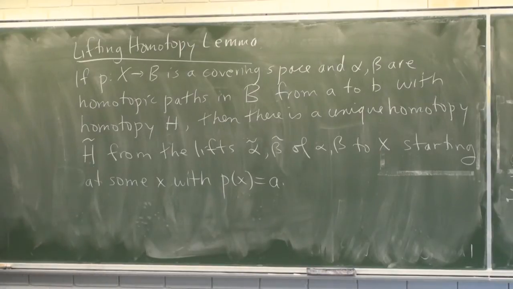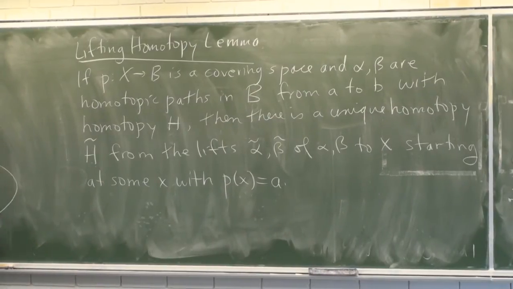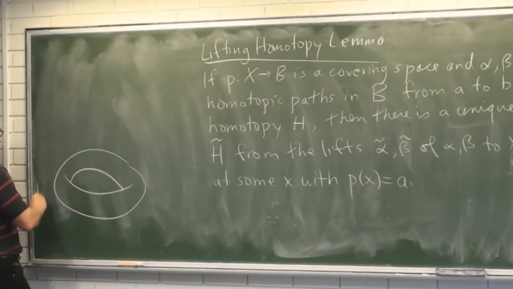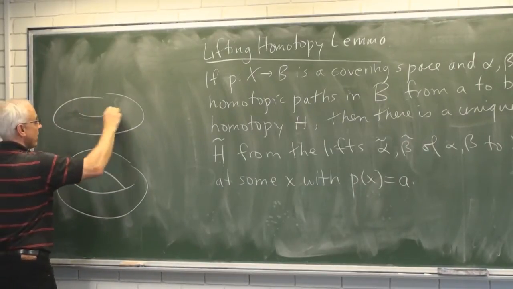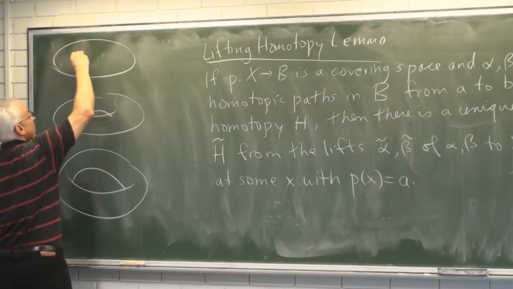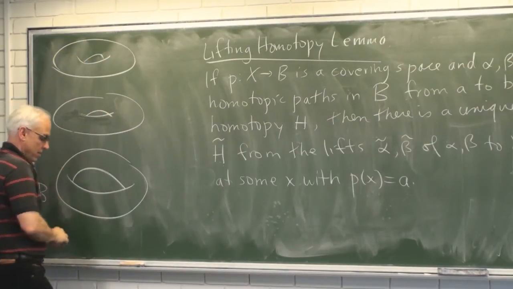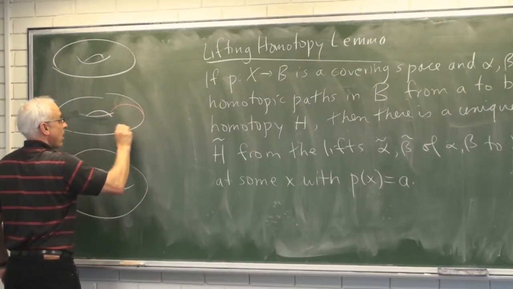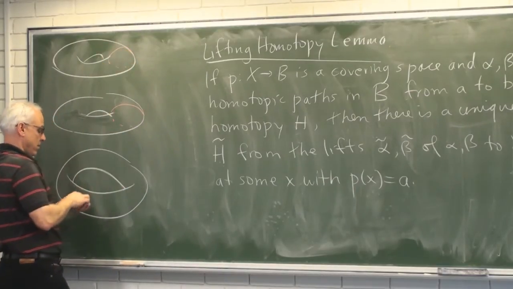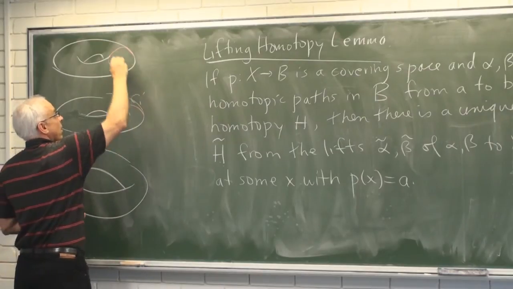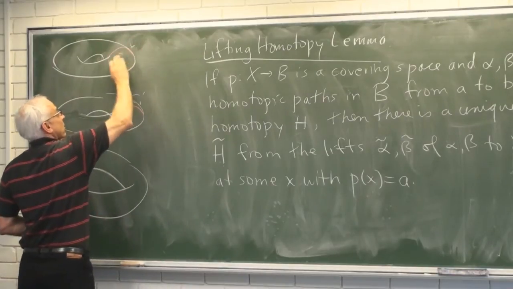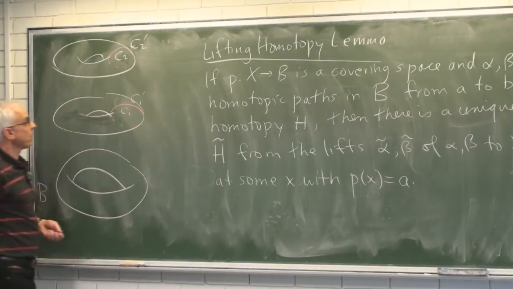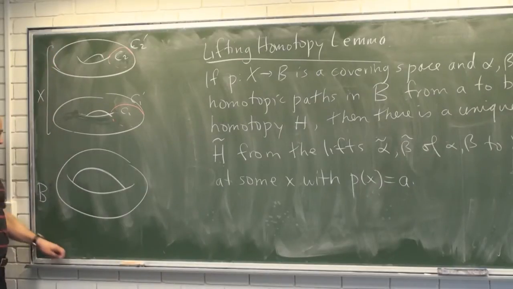All right, so let me draw the diagram. I'll stick with the torus, B, and now maybe I'll be a little bit more careful about this diagram here. So a base example will be a torus.